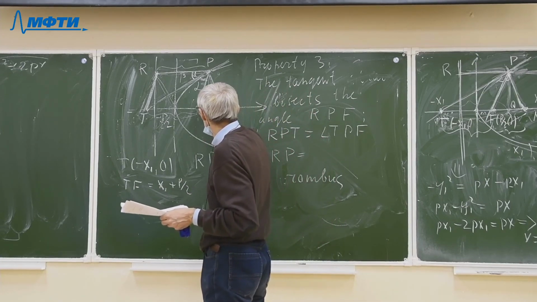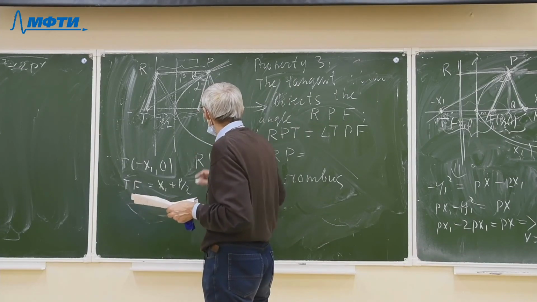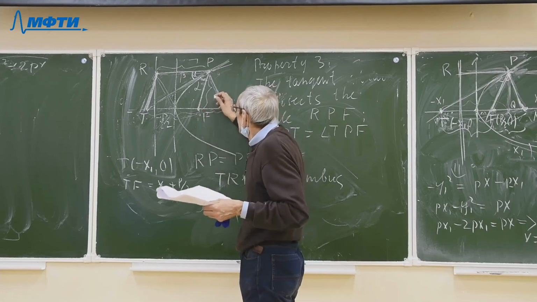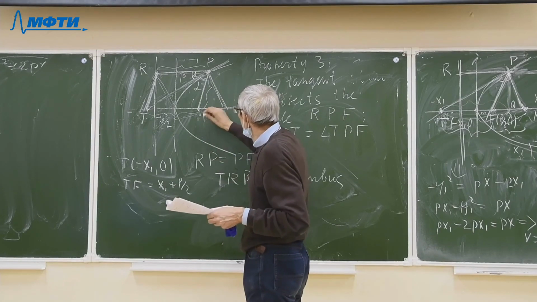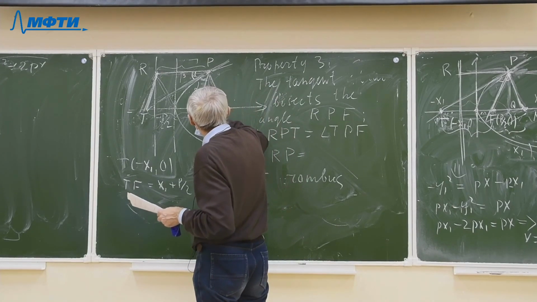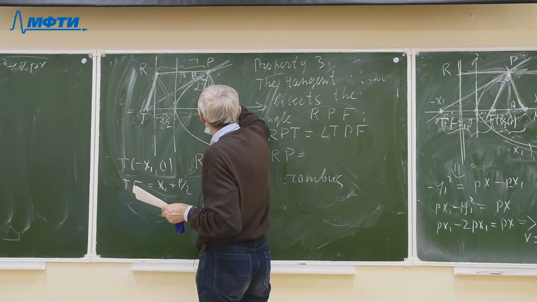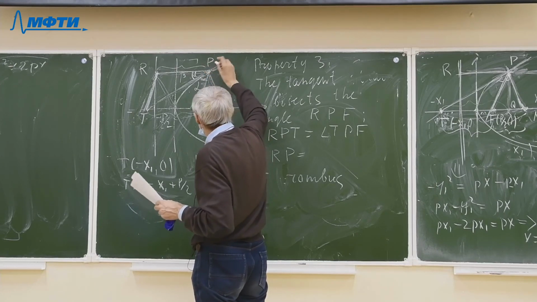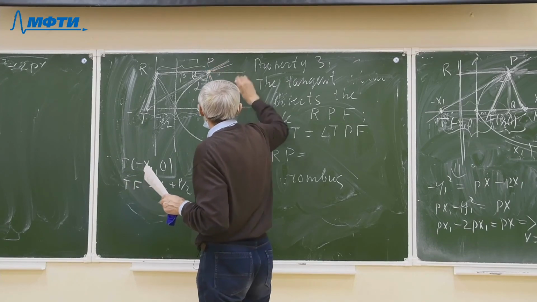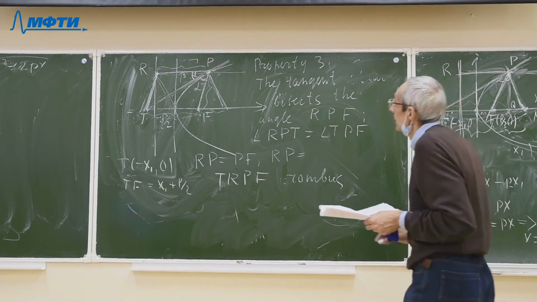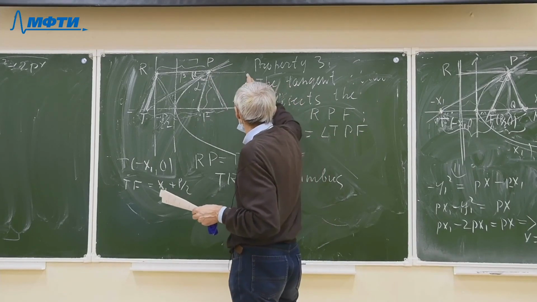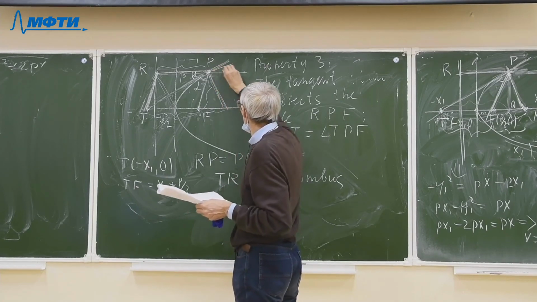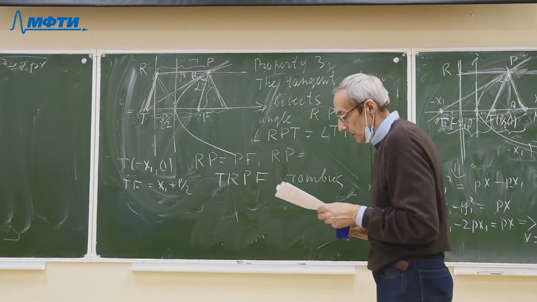And we obtain the natural consequence of this property. If we have a source of light maybe at this point, the rays are reflected at any point, and after reflection the trace of the ray is a straight line parallel to OX.